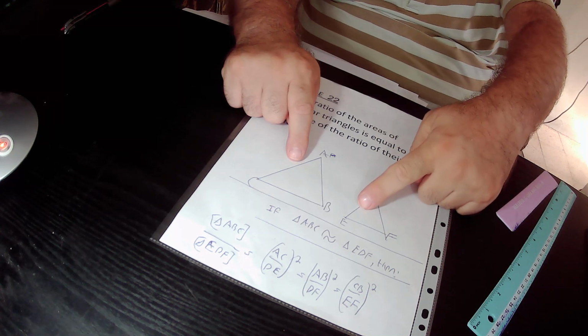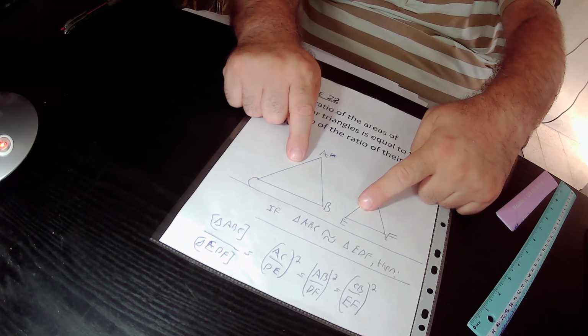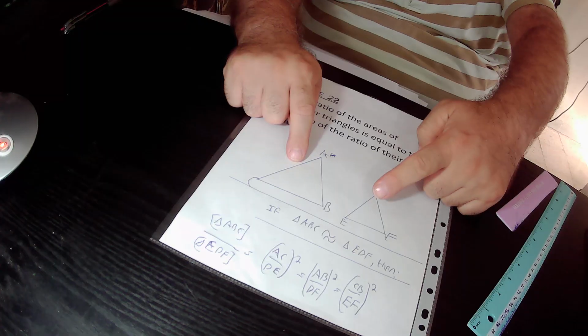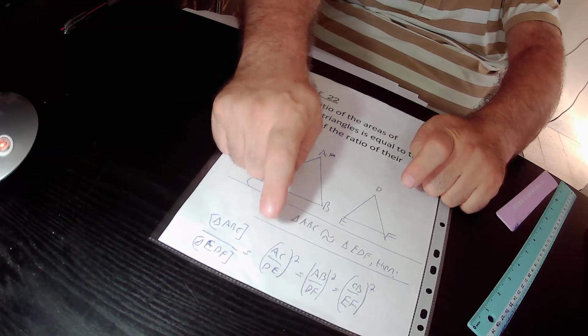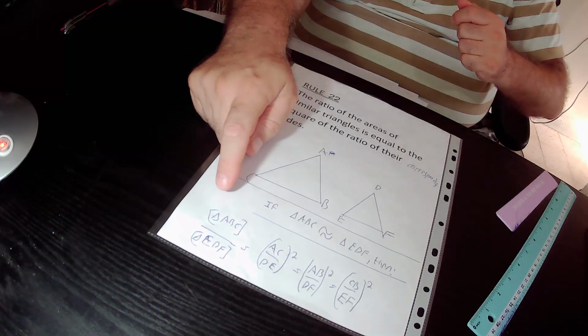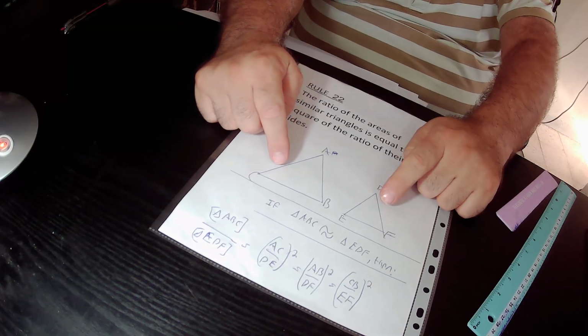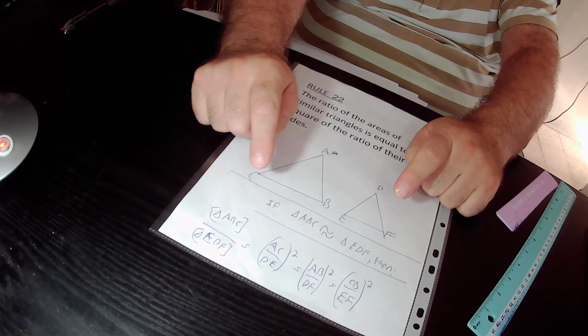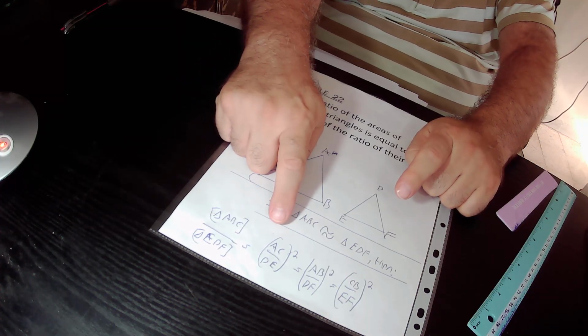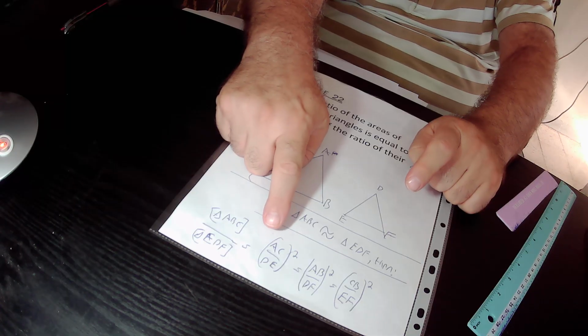So the square of the ratio of those two corresponding sides is AC over DE squared. So the ratio between the areas of those two similar triangles, the area of triangle ABC over the area of triangle DEF, equals the square of the ratio of their corresponding sides, which is AC over DE squared.